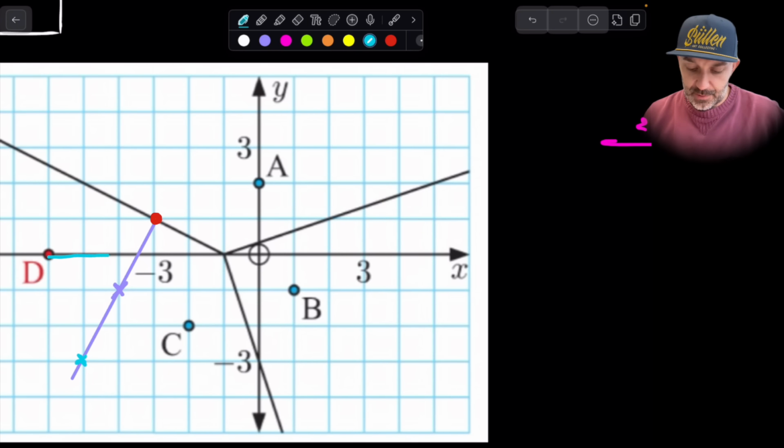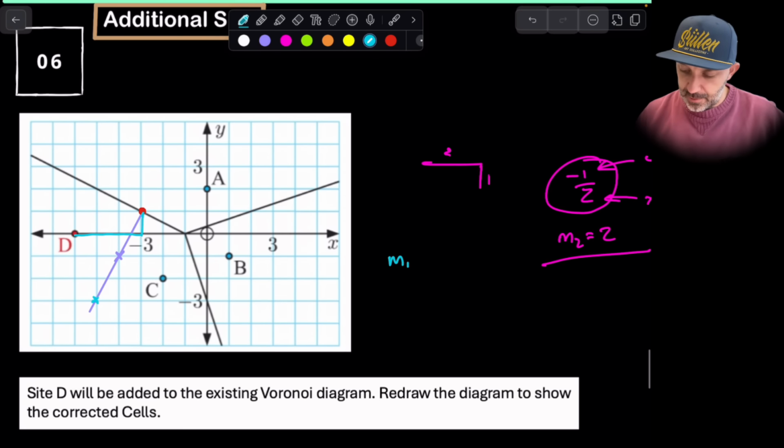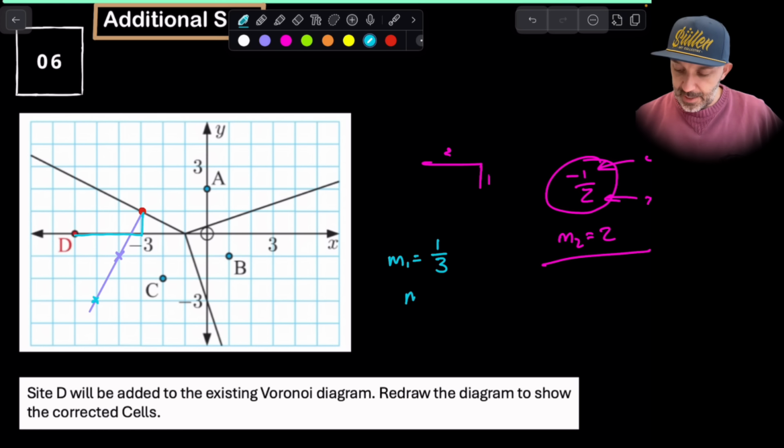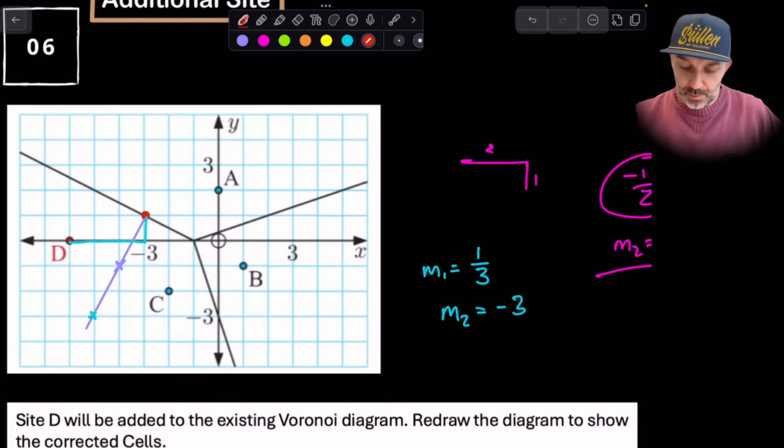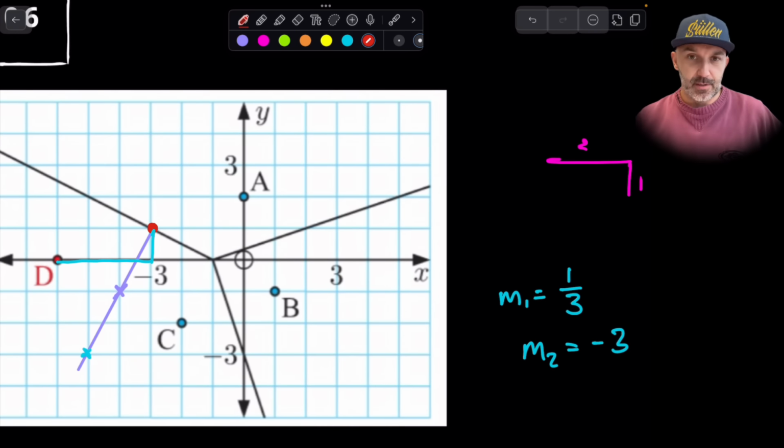So as we move from D, 1, 2, 3 across, we go up 1. So the first gradient would just be, okay, we go along 3, we go up 1. So rise over run, it's just 1/3. Therefore, the perpendicular gradient to that would be the negative reciprocal, which would be -3. Okay, so if I want to draw the perpendicular gradient passing through AD, I need to have a gradient of -3.